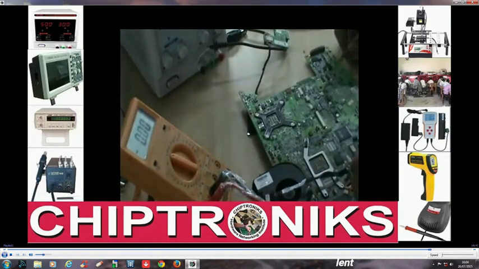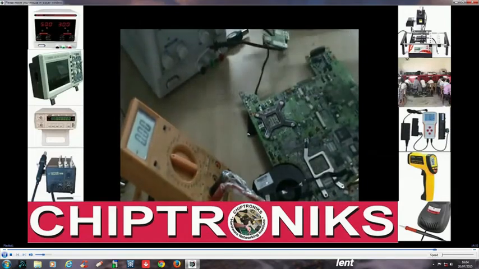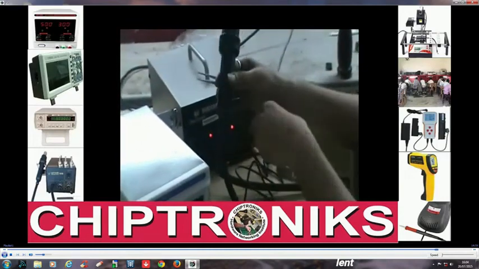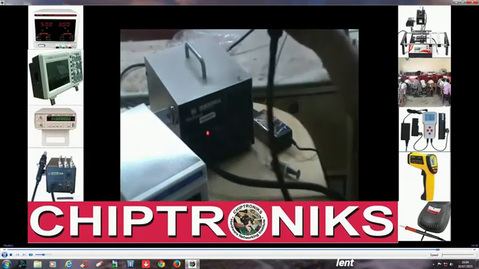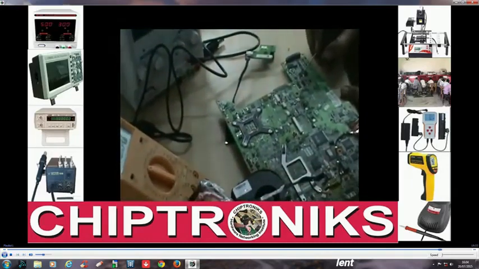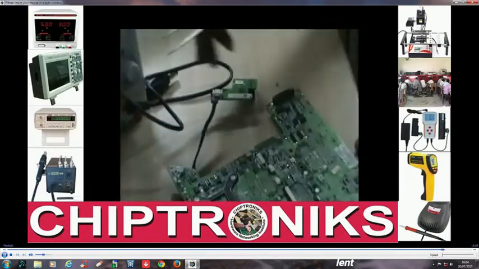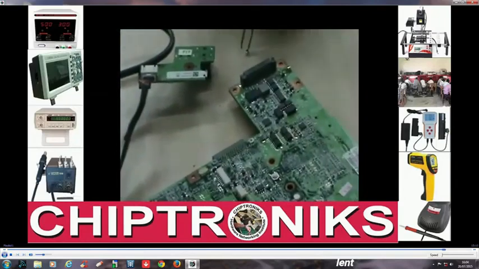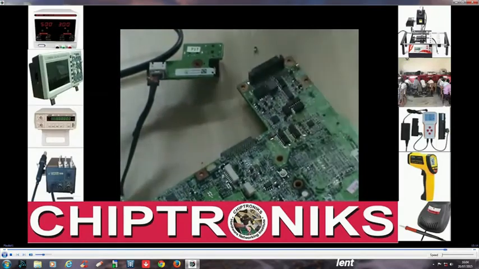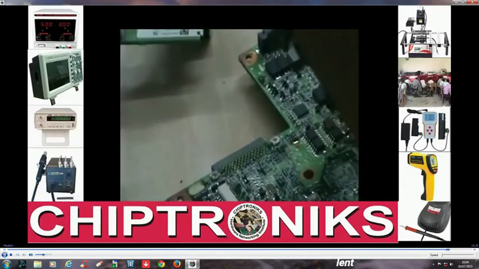Now I place one capacitor back again. Because here one capacitor was faulty, that's why we got shorting over here. When I removed the faulty capacitor, shorting gone. Now I place one capacitor over here.